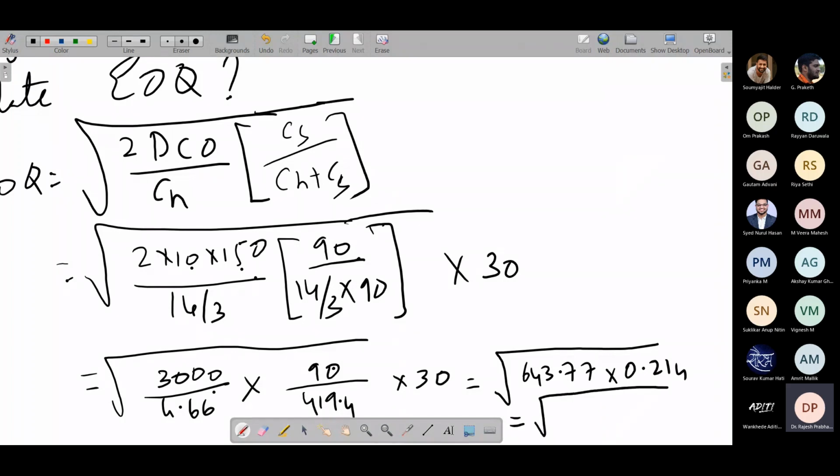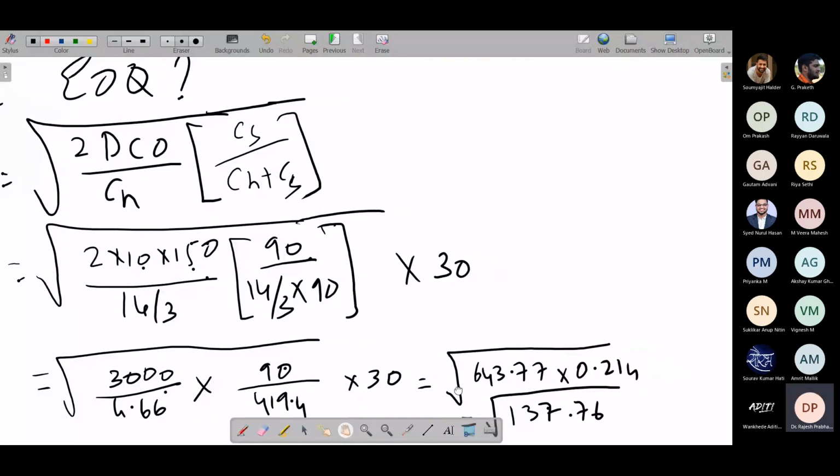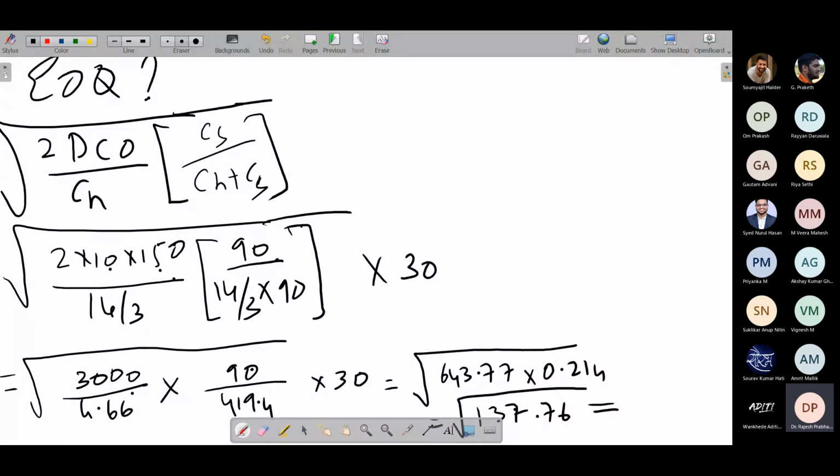So root of 643.77 into 0.214 is 137.76, into 0.214, 11.73 into 30.